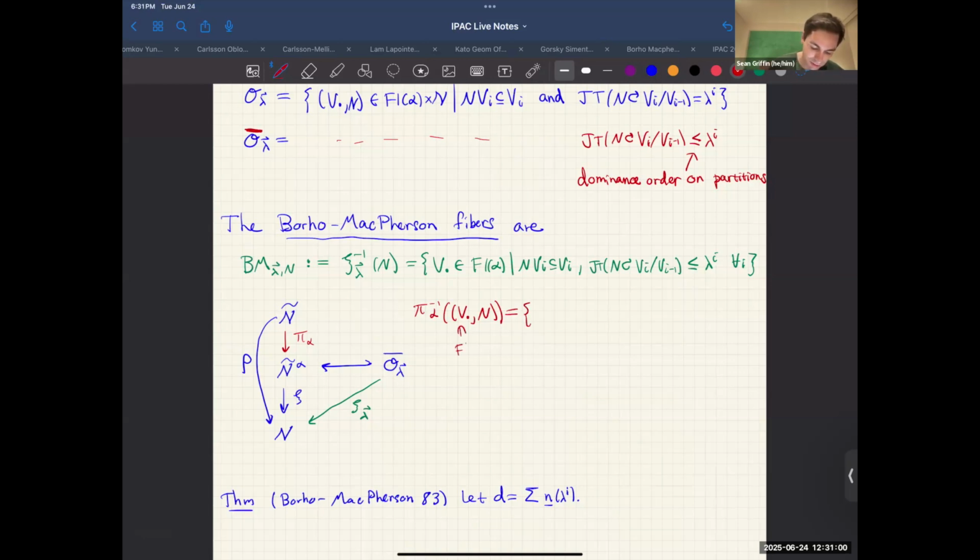Essentially, this is a partial flag, and you're extending it up to a complete flag. So it's all complete flags W such that this complete flag extends the partial flag, meaning the dimension alpha 1 piece of W is equal to the first piece of V, and so on, together with this nilpotent, or the Springer condition.